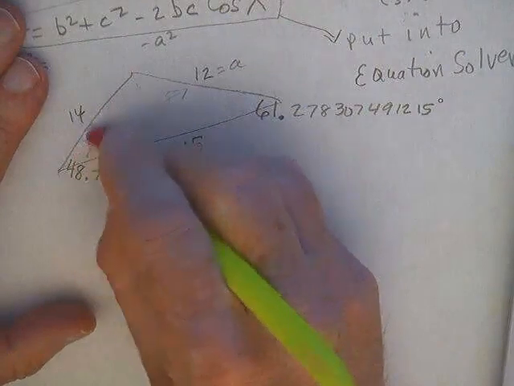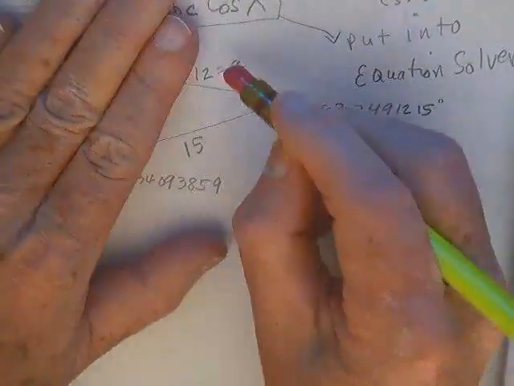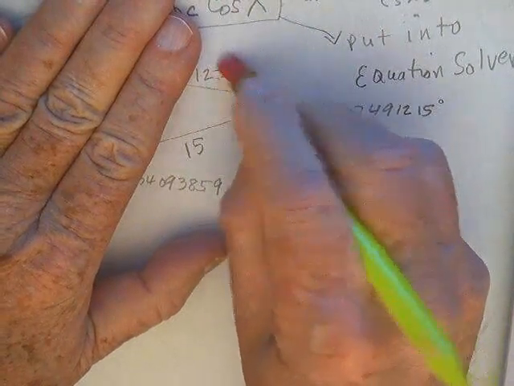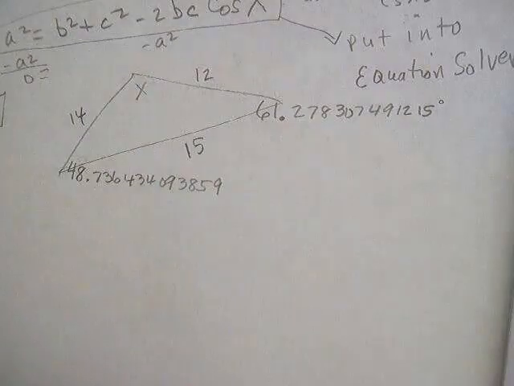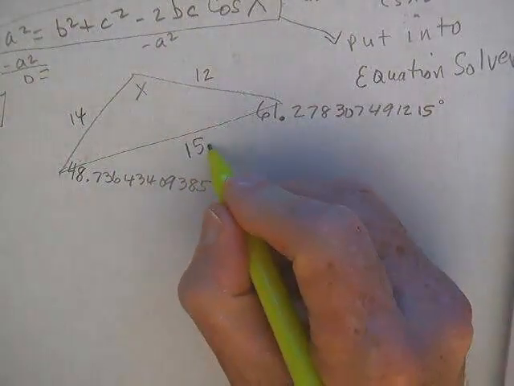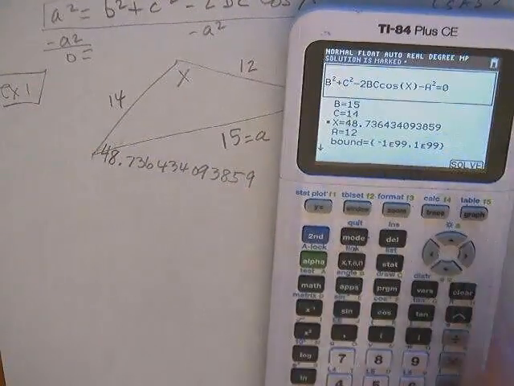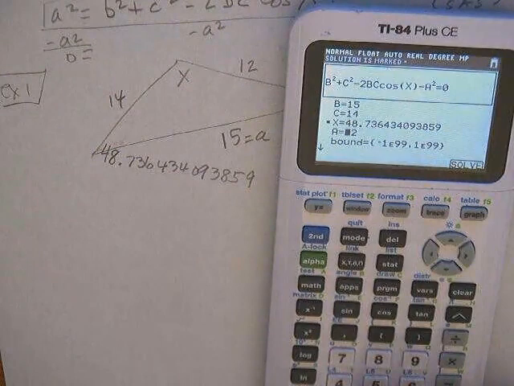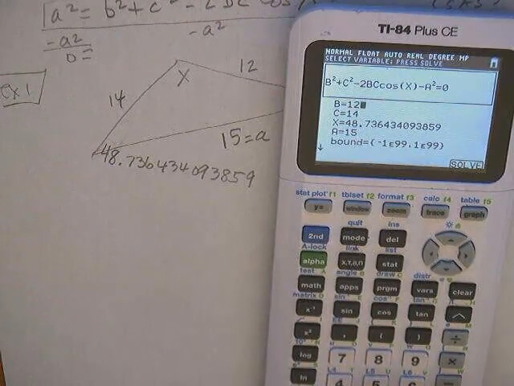Okay, third time. I don't know this angle. This time I'm going to let that one be X. It doesn't matter what order you find these in. I'm going to let this one be A. Now over here on my screen, A has not been 15, so go up to the 15 and put 12 there.